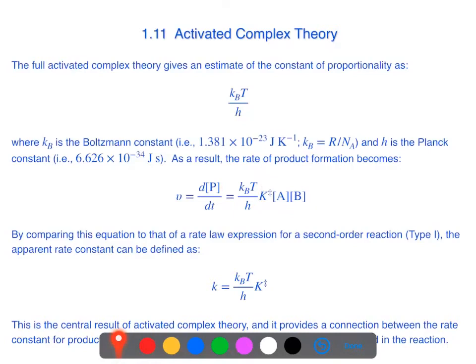So what we're building up here is we're trying to determine what in fact the rate constant is dependent upon. By comparing this equation to the rate law expression for a second order reaction type 1, that is two different reactants, A and B, the apparent or effective rate constant can be defined as follows, where the rate constant is now equal to the quotient, kBT over h, multiplied by the equilibrium constant with the activated complex.